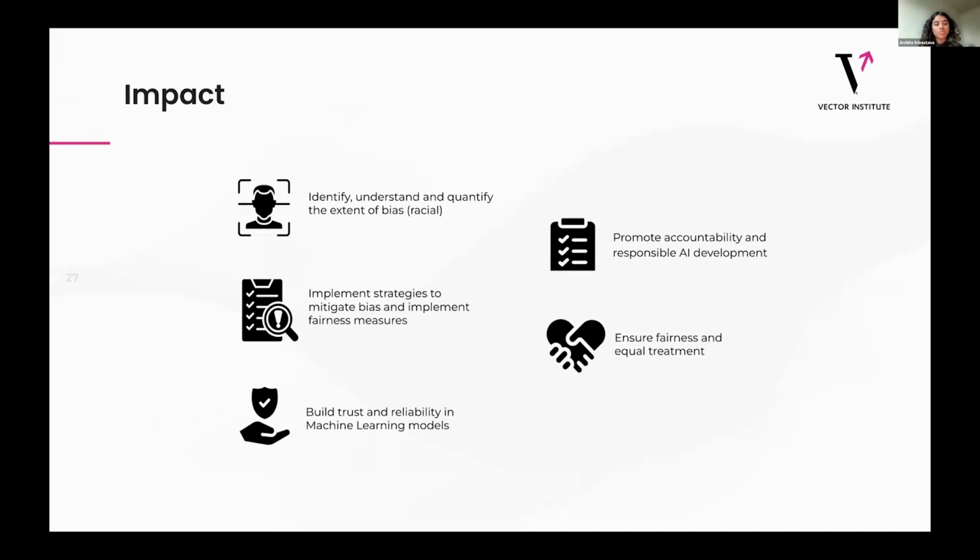Thirdly, it also allows us to move forward towards building trust and reliability in machine learning models, as well as promoting accountability and responsible AI development. Lastly, it also allows us to move towards developing AI models that would ensure fairness and equal treatment, especially in the healthcare sector.